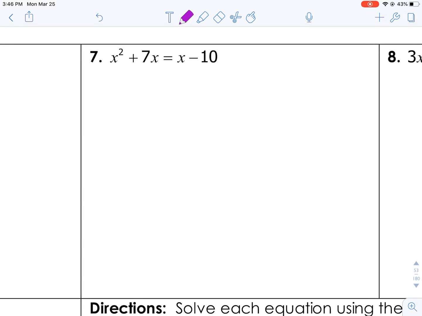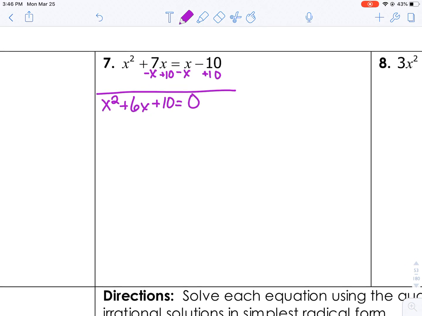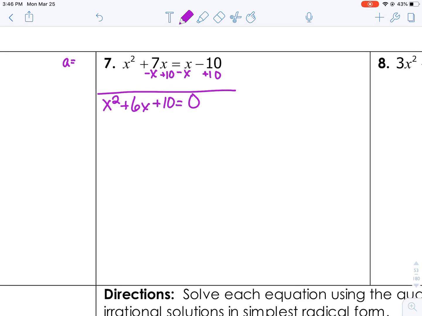So on number 7, I've got to change it to get it equal to 0. I'm going to subtract x from both sides, which gives me x squared plus 6x, but I also have to move that 10 by doing the opposite. Plus 10 is equal to 0. My a is 1, my b is 6, my c is 10.